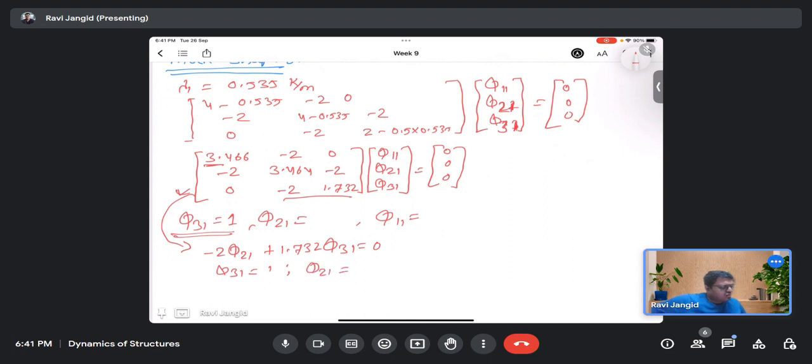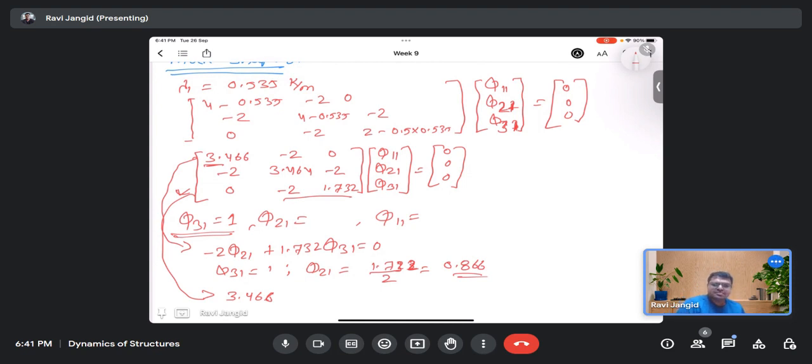That would be 1.732 divided by 2, so that would be coming out to be 0.866. It's 1.732, just to check. Okay, the final answer is okay.